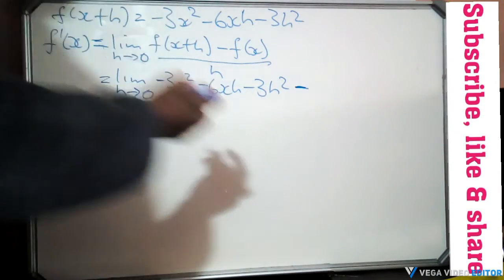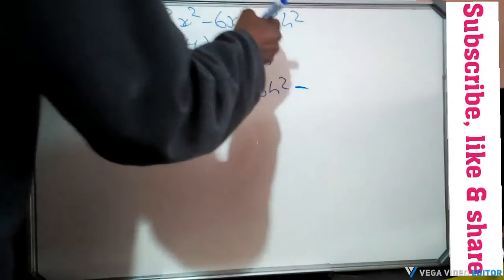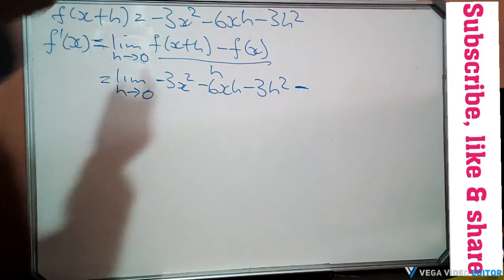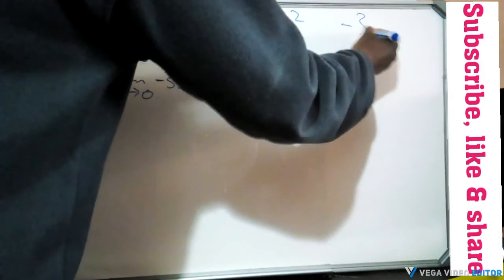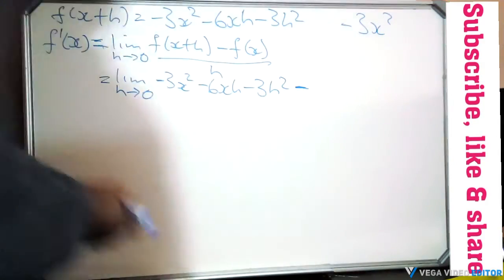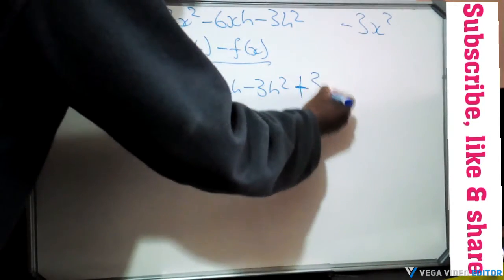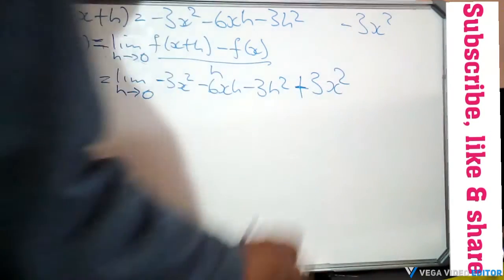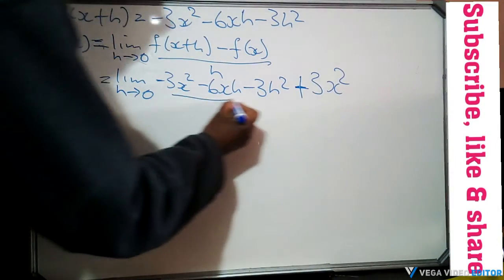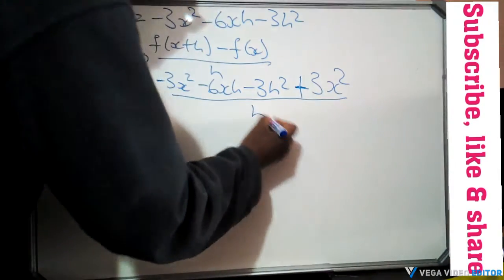Minus our function. Our function is a negative, minus 3x squared, right? You see that? So negative and negative will give us positive 3x squared. All right. And then we divide everything by h.